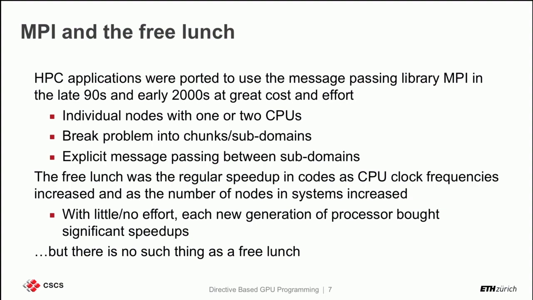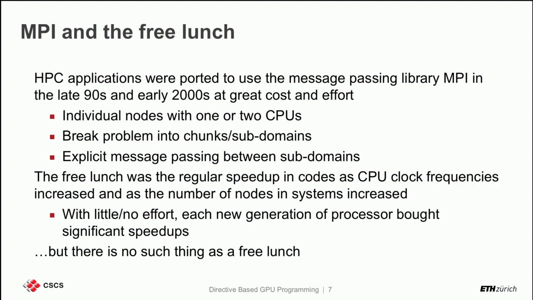We just had MPI over large clusters, and the idea of programming was fairly simple. You decompose your problem in chunks, and you communicate your chunks to different processors, and that's it. And then you have parallelized your program. But this is not enough anymore. You still have to do this because you still have to spread it over your compute nodes, which is still MPI, but then what happens on the node?